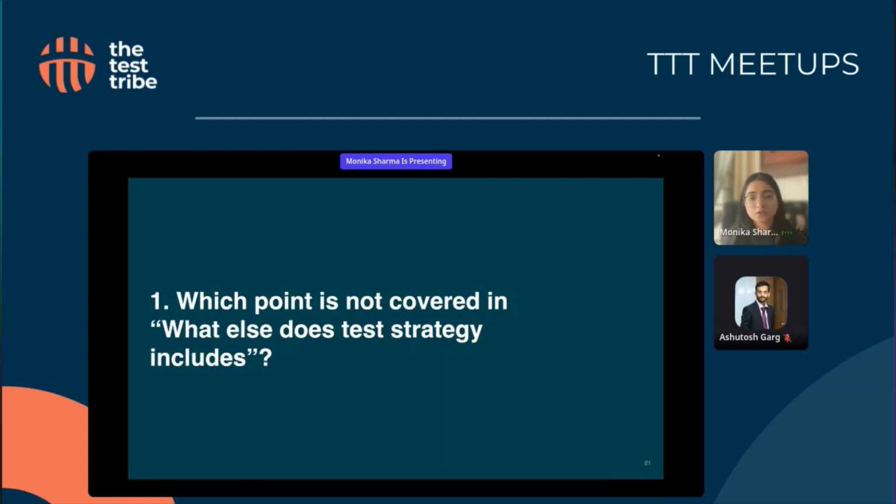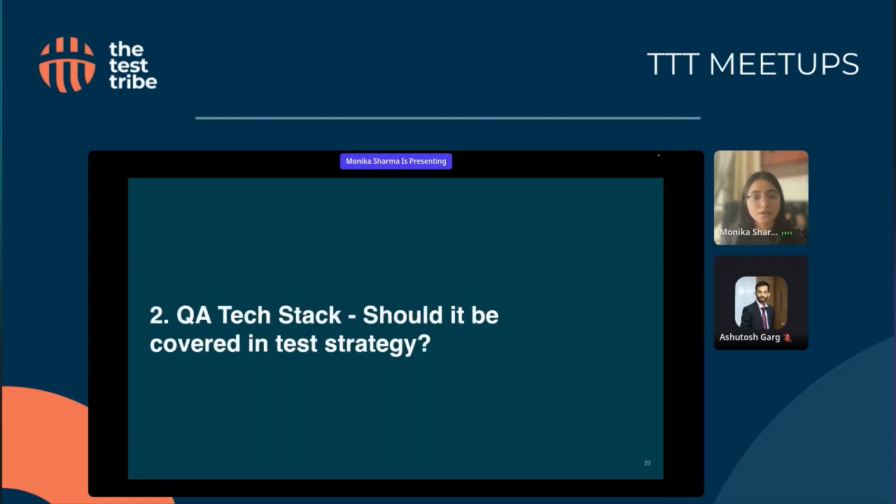So you should also have this one POC handy of which tools and libraries you are going to use. Basically, what will be your QA tech stack planned for the test strategy, and what will be the suitable one.